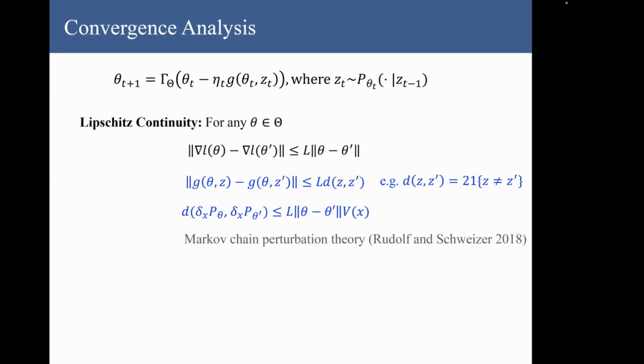But if I solve the Poisson equation, I essentially solve the MDP, so that type of condition is very hard to check. Here, we only require you to check the one-step transition kernel. The reason we are able to relax this assumption from the previous work is that we're leveraging Markov chain perturbation theory here.